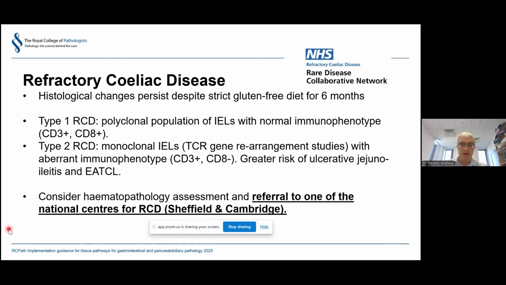And I think to highlight this last point, that either hematopathology assessment or perhaps now referral to one of the national centres for refractory celiac disease in either Sheffield or Cambridge should be considered for these cases, obviously in discussion with the managing gastroenterologist. So I say this is a disease which is considered sufficiently rare that it has a national service set up for management.